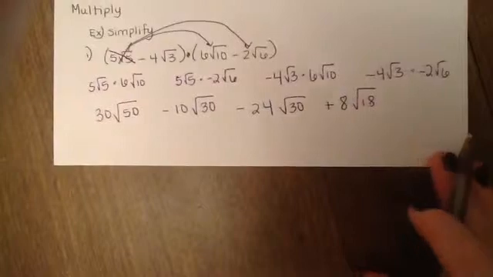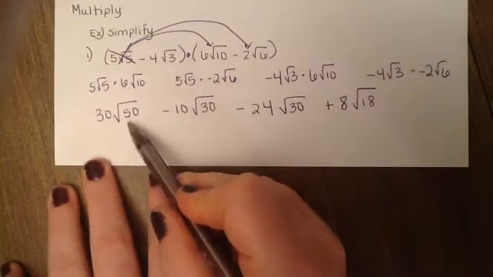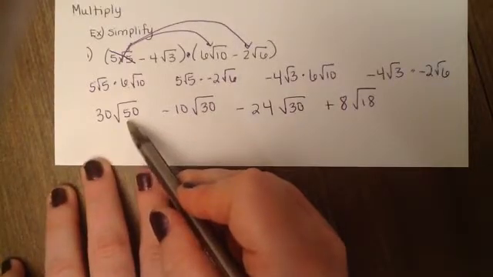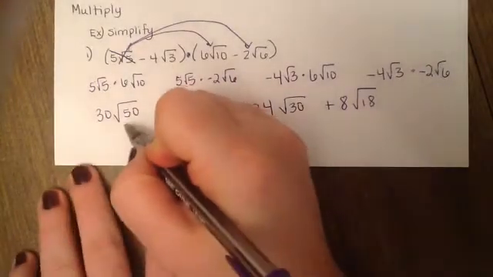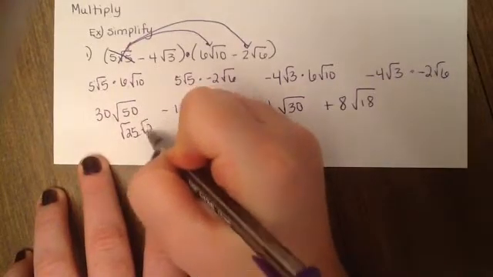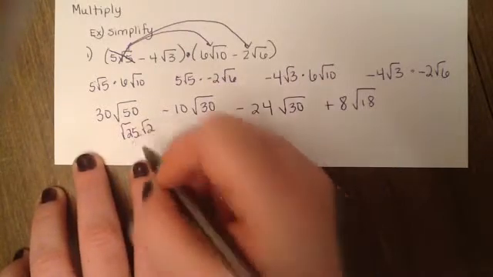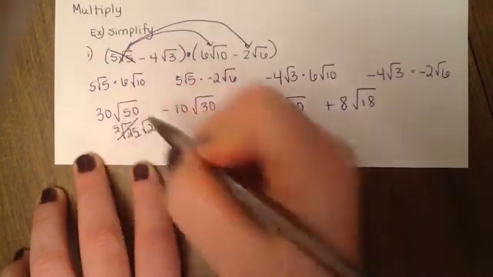There's just a few things we need to go back and look at that we can combine. So square root 50, anything on our list that goes into 50? 25 times 2. What is the square root of 25? 5.